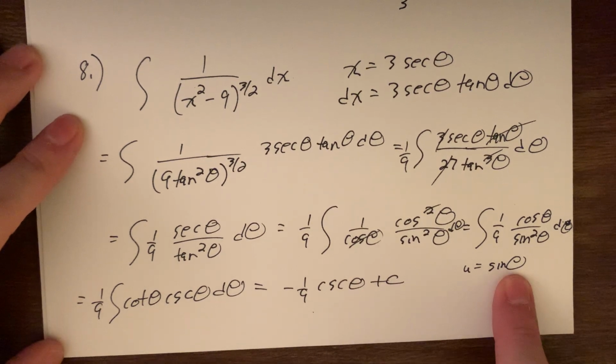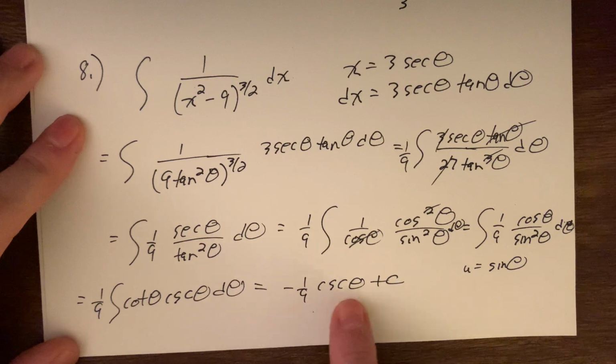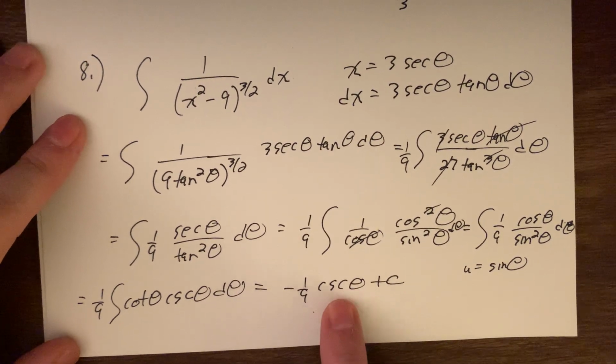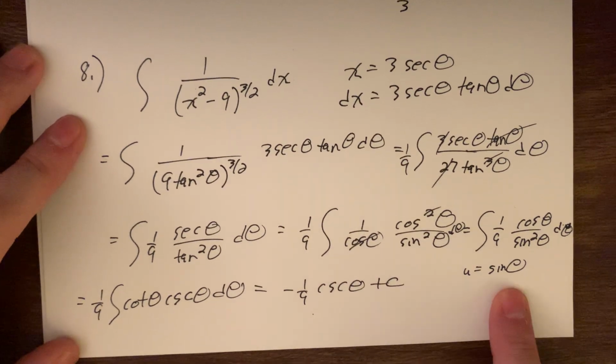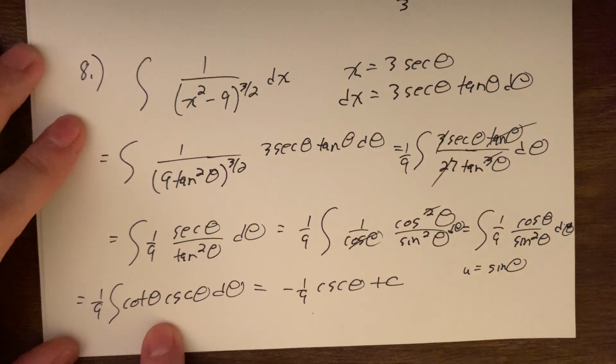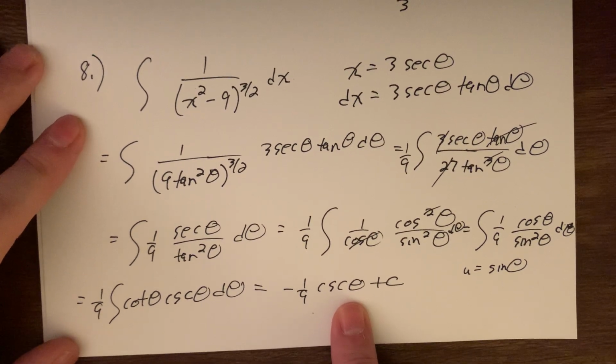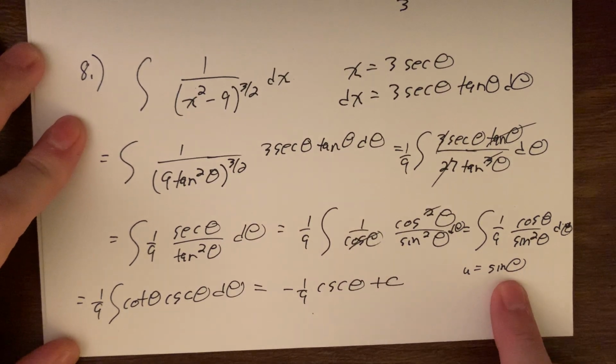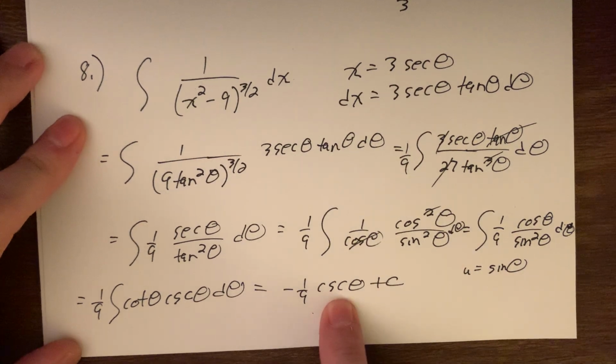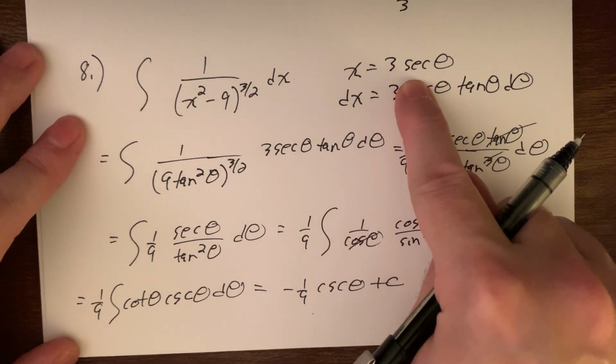Again, it works. If you do this as u equals sine, you'll end up getting negative 1/9 u to the negative 1, and sine to the negative 1 power is cosecant. So this u sub or this continued trig manipulation still gets us to the same answer, and I still have to back sub. If you made this u sub, you already back subbed once to get it to theta, but still have to back sub to finish.